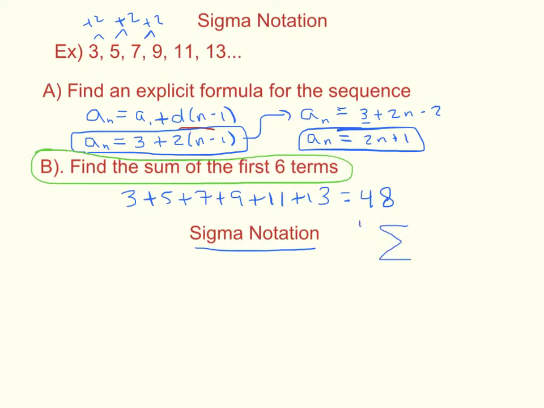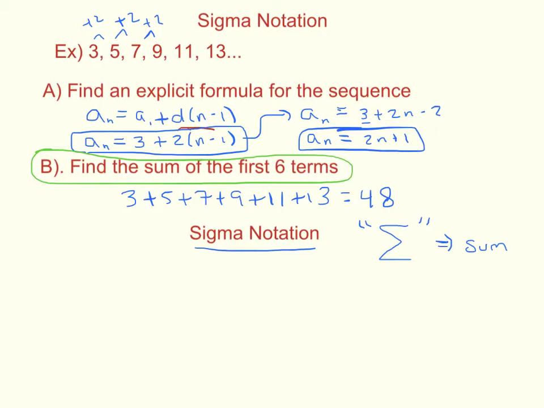It's like a Greek S, and it stands for sum. Sigma notation is used so that the reader knows we're expecting to sum up a bunch of terms here. So what I'm going to write down is exactly the same as asking question B.